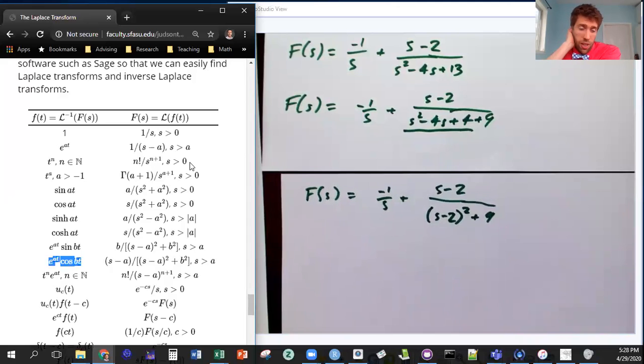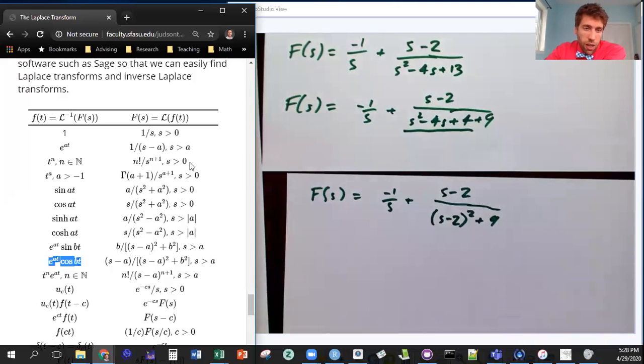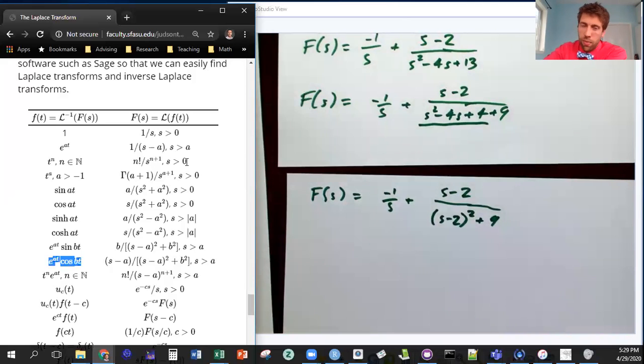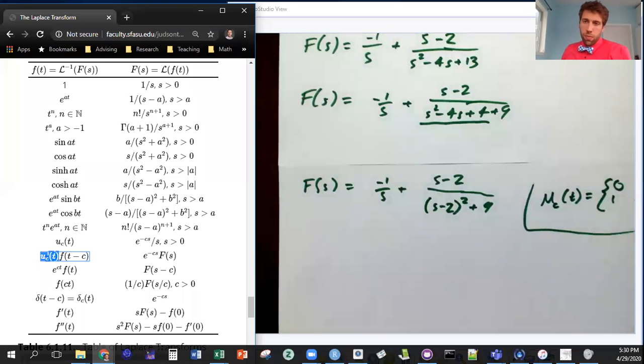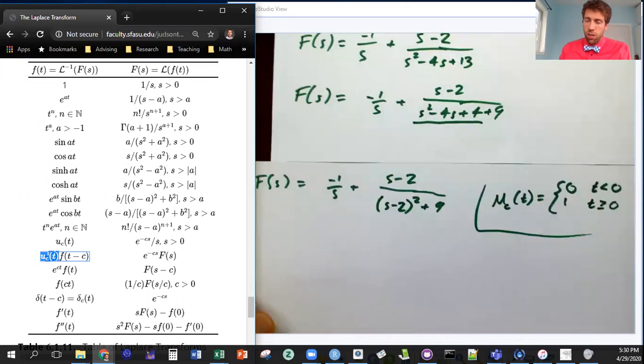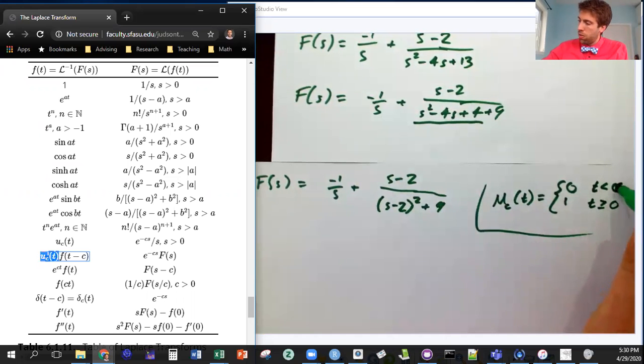So, let's see. Have I introduced you to the mu c of t yet? Let me check. The mu c of t is this function that is 0 when t is less than c, and 1 when t is greater than or equal to c.